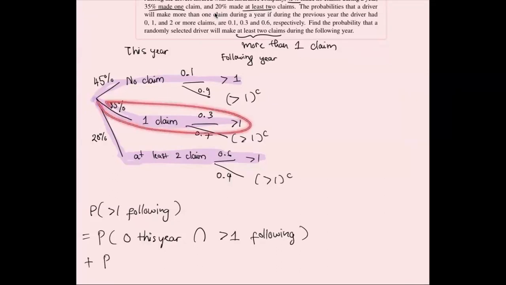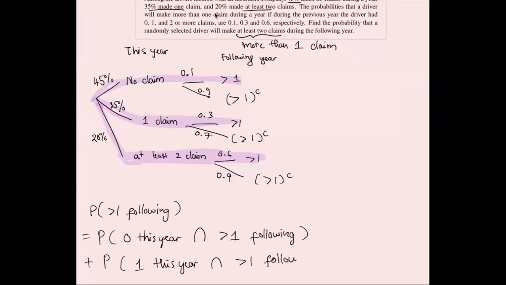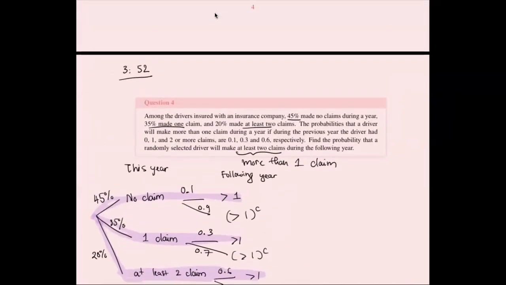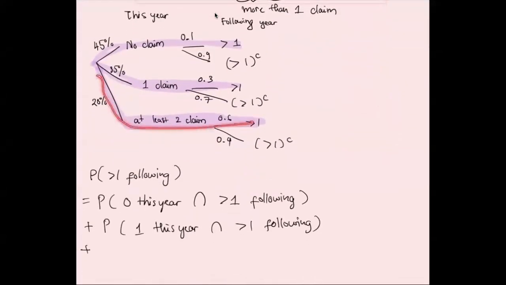And then this path represents one claim during this year and more than one claim during the following year. This path represents at least two claims this year and more than one claim during the following year.